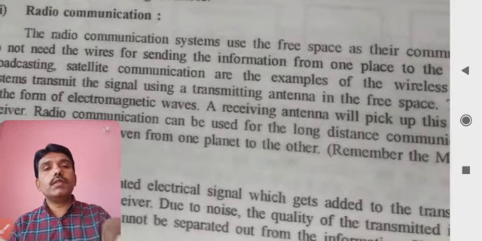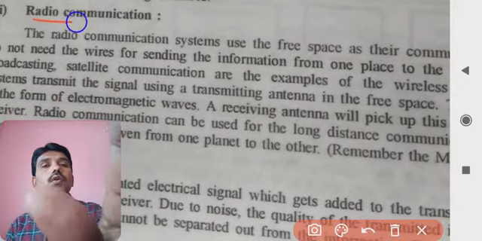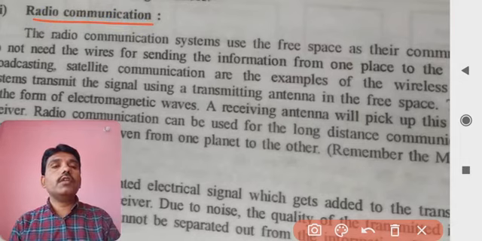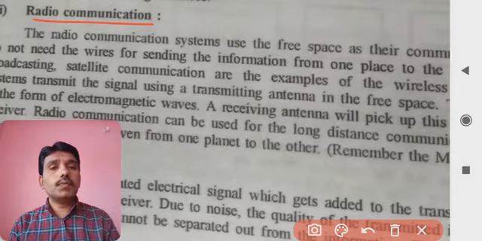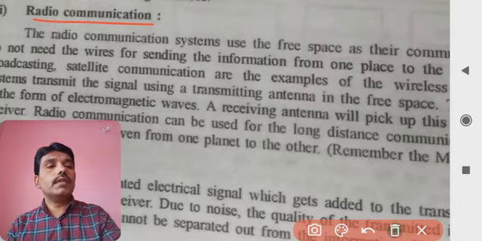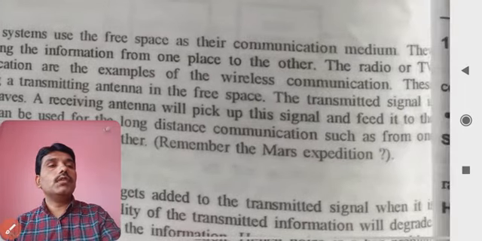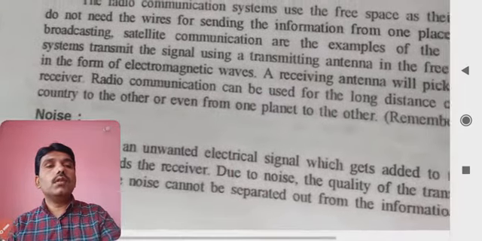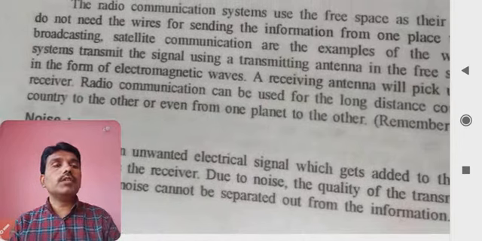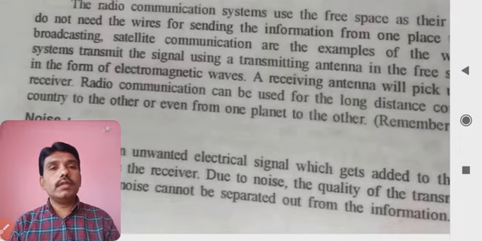The second one is very important: wireless communication, or radio communication, which uses the free space of the atmosphere as a very easy communication medium. That is why wireless communication is becoming much more familiar and very useful in day-to-day life.